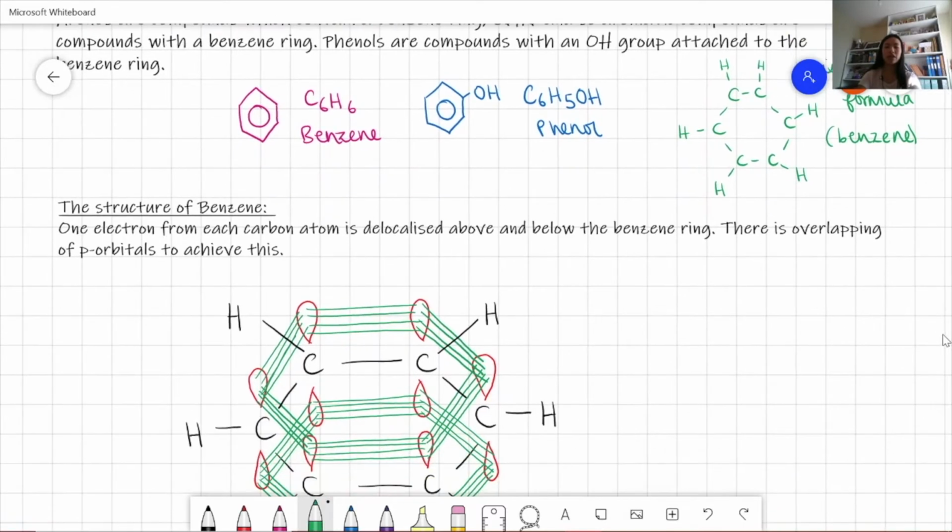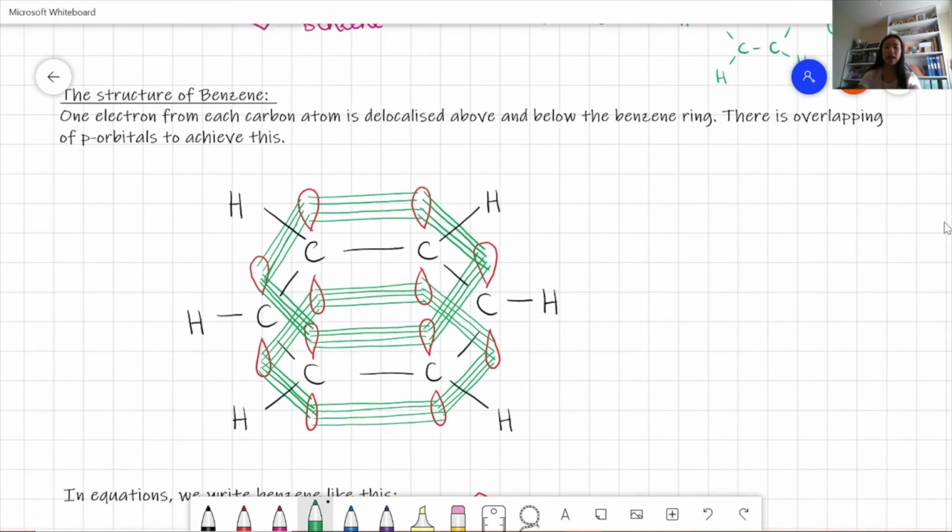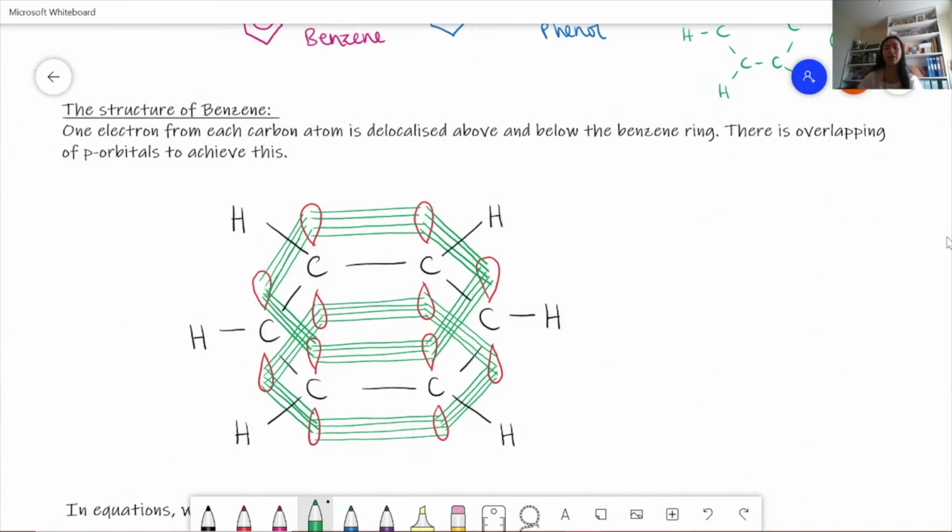Now we're going to look at the structure of benzene. What you need to know is that one electron from each carbon atom is delocalized above and below the benzene ring, and so there's overlapping of p orbitals to achieve this. As you can see, for one carbon here, it's got 3 bonds. It's got 2 carbon-carbon single bonds, and it's got 1 carbon-hydrogen bond.